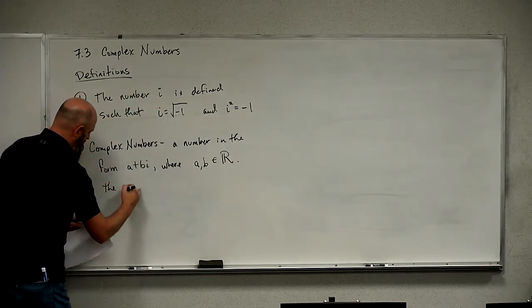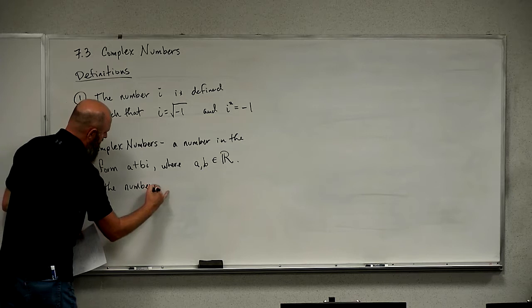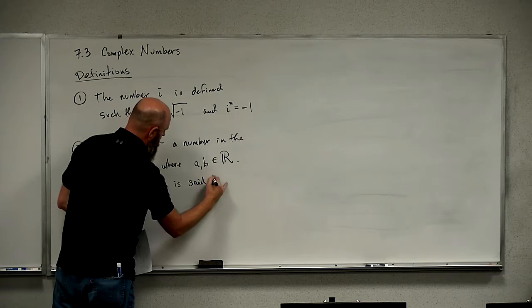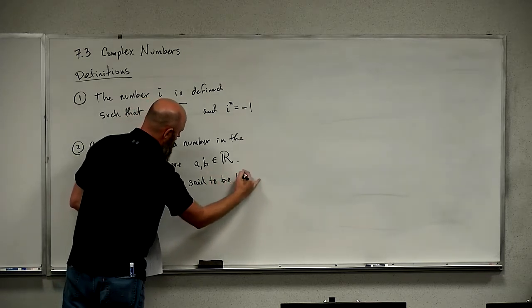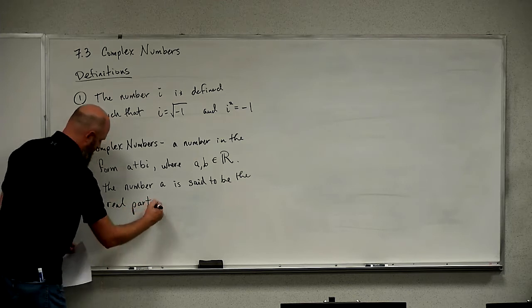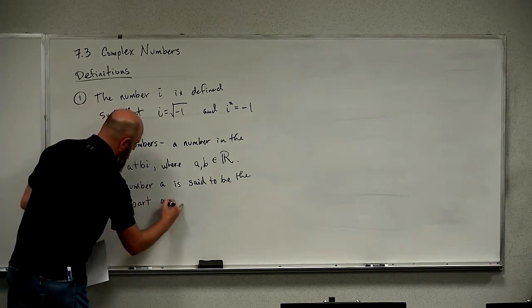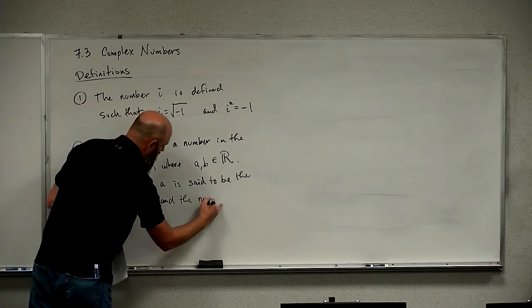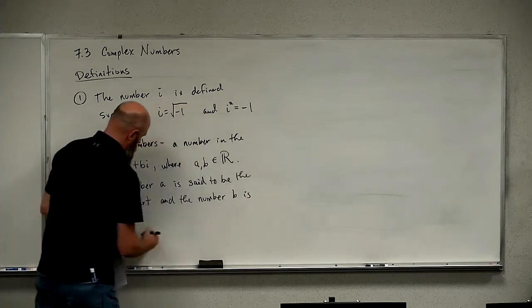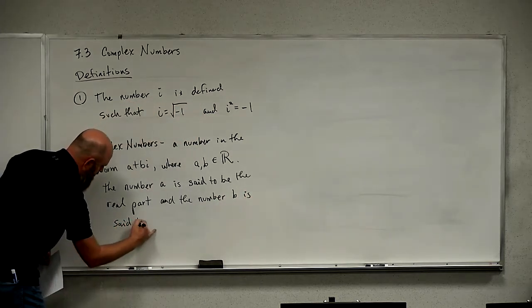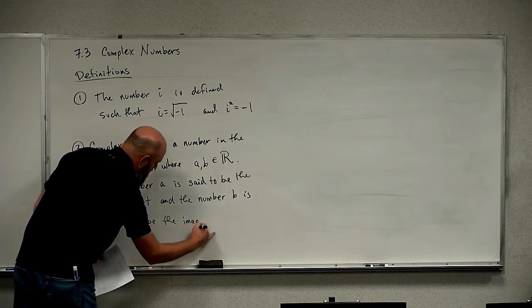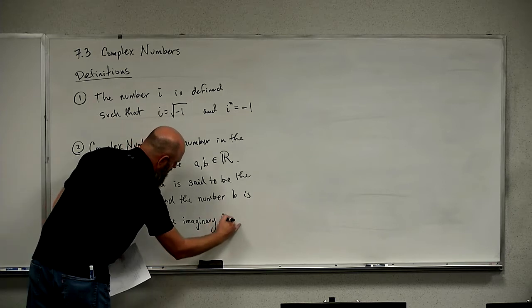The number A is said to be the real part. And the number B is said to be the imaginary part.